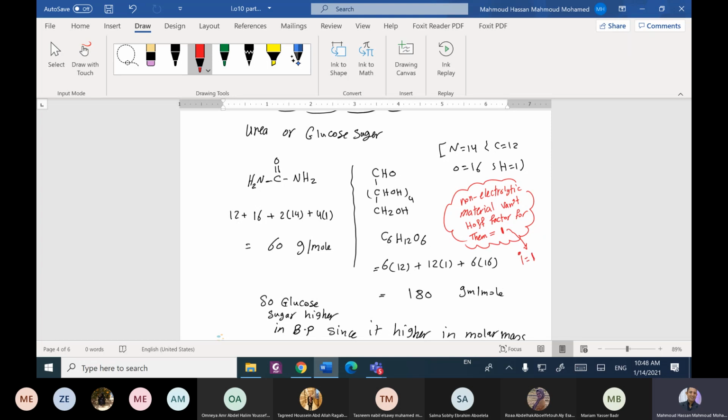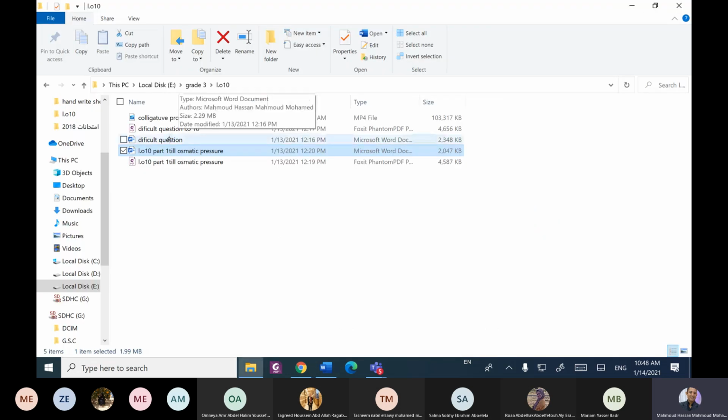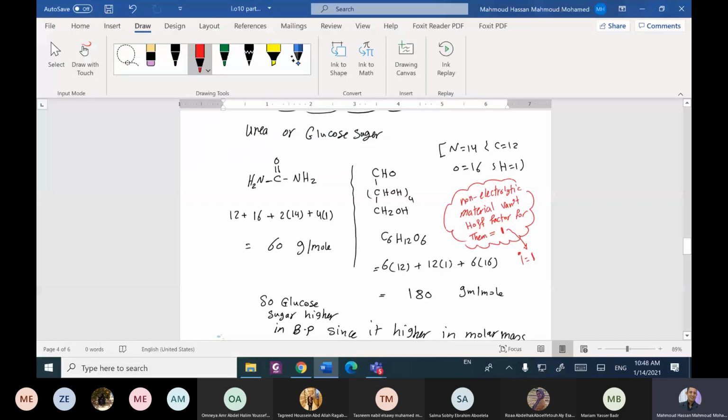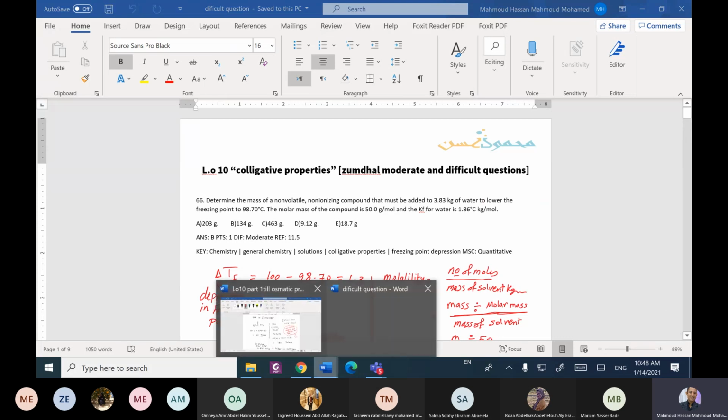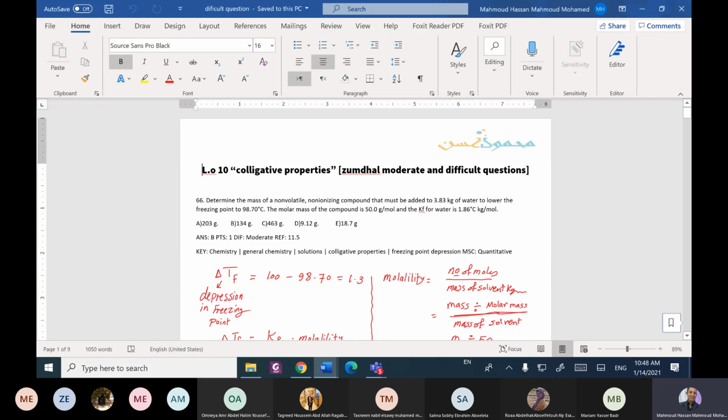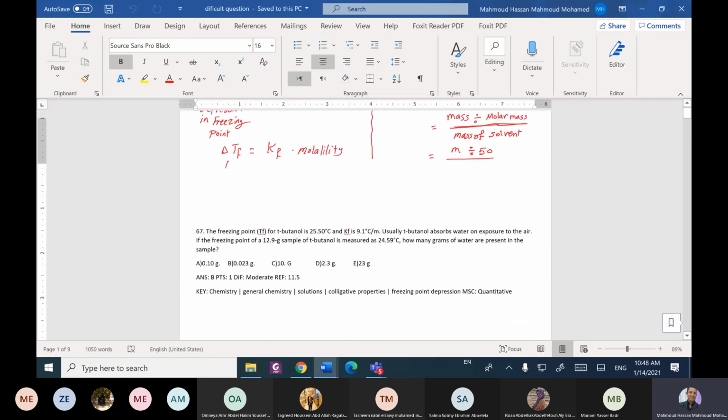Okay, let's talk about an example according to vapor pressures, one of the difficult questions from the test bank.